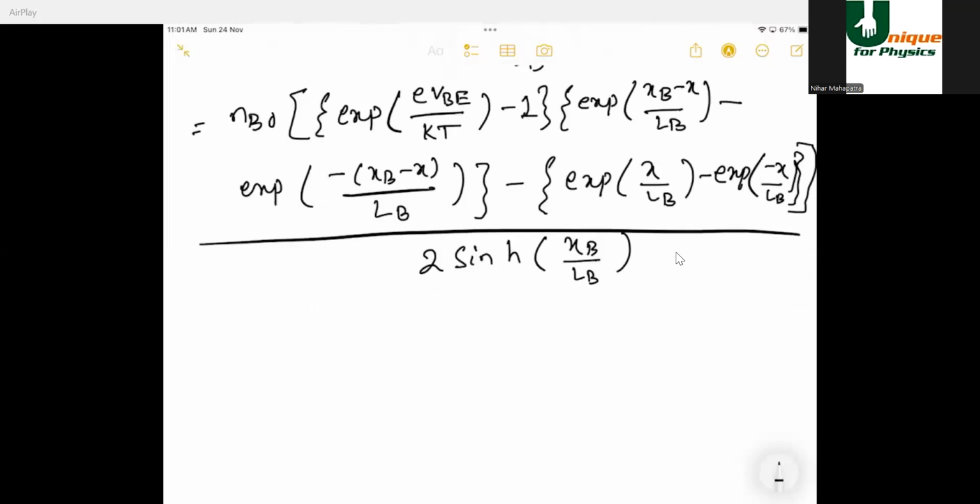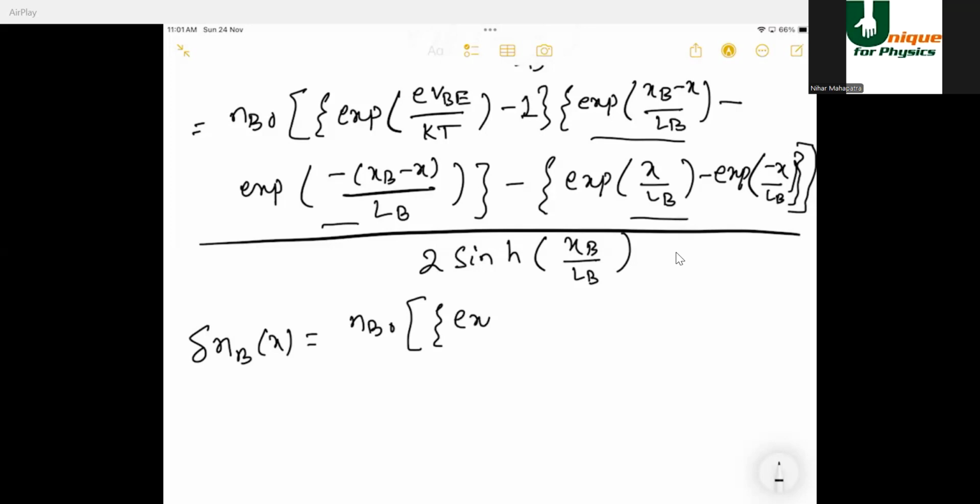You got e to the power xb minus x by Lb here, minus e to the power minus xb minus x. So that will give us one hyperbolic term. This one will give us some hyperbolic term. So it can be reduced to nb0 in the bracket.